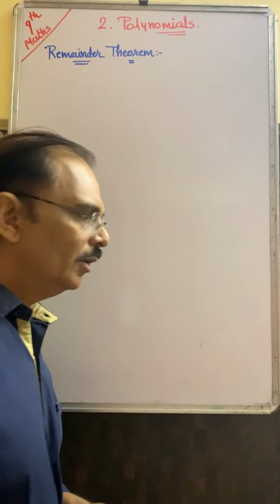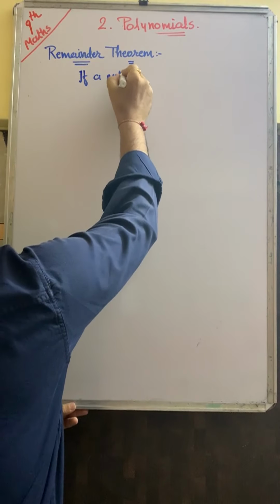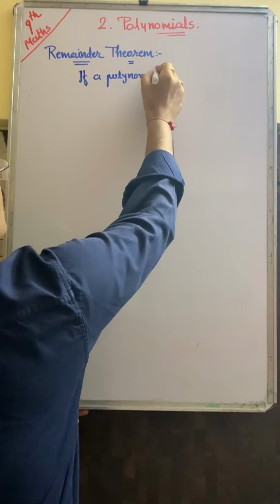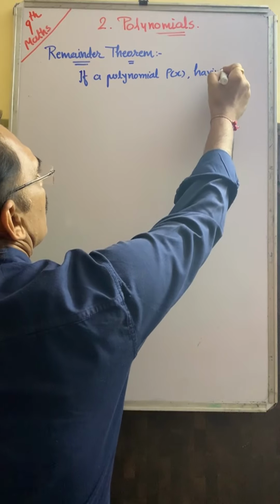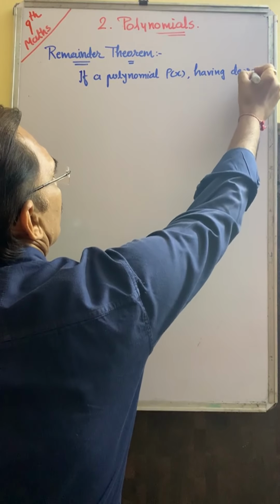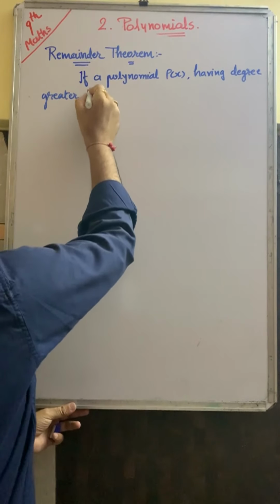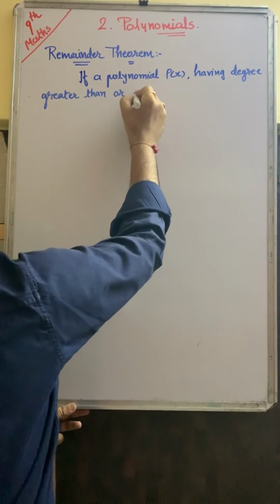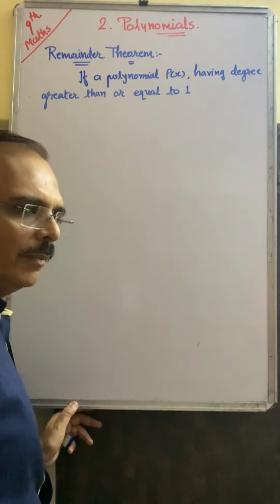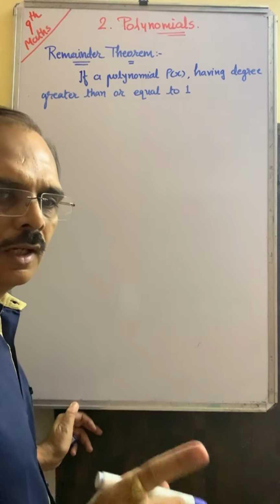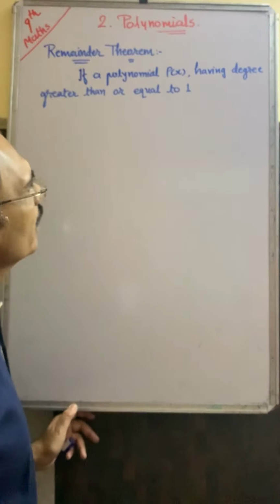If a polynomial p of x, p of x having degree greater than or equal to 1, degree is maybe equal to 1 means maybe linear polynomial, or greater than 1 means linear or quadratic or cubic, etc. Biquadratic maybe.